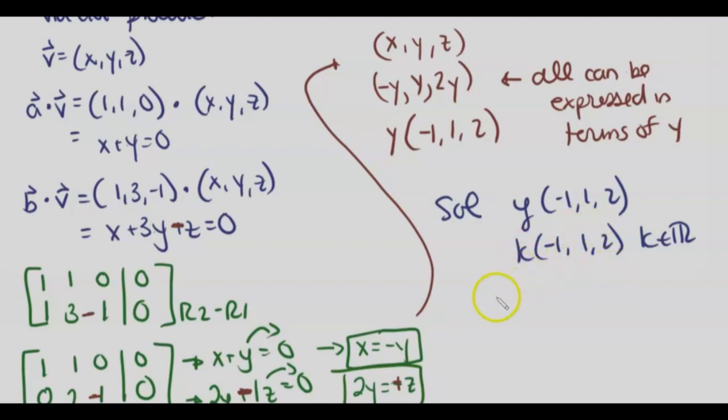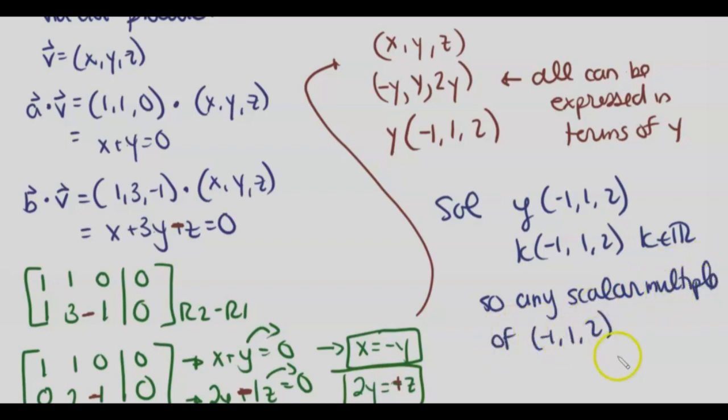So essentially, any scalar multiple of this negative 1, 1, 2 is going to be perpendicular to both of these. This is the approach if we use the dot product.